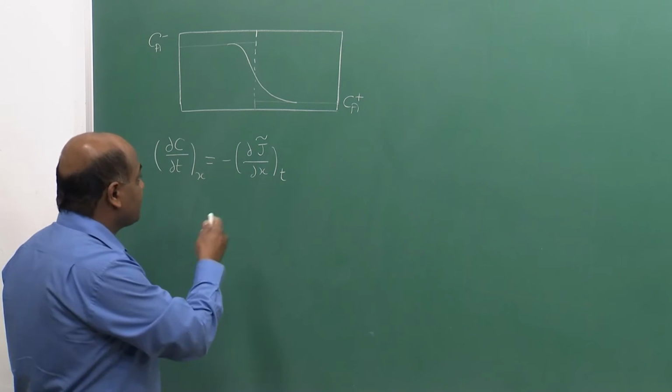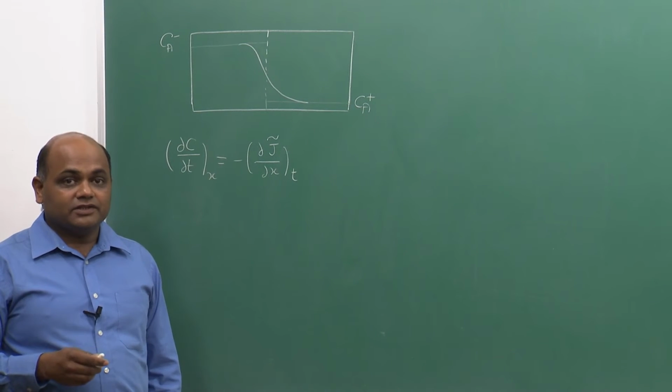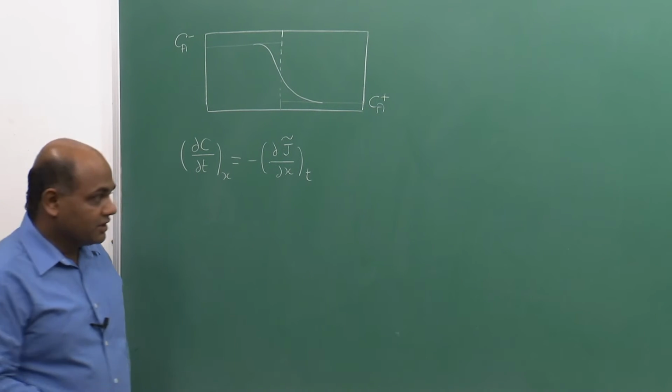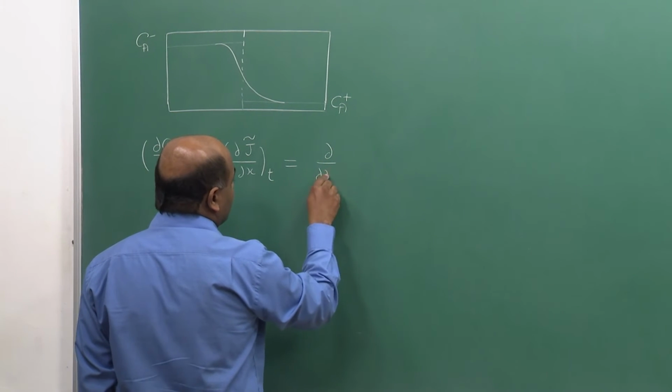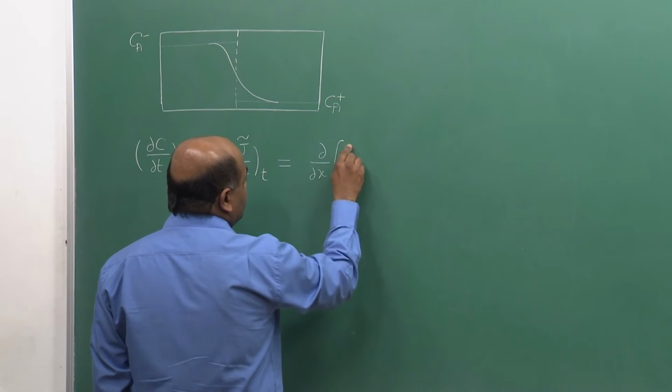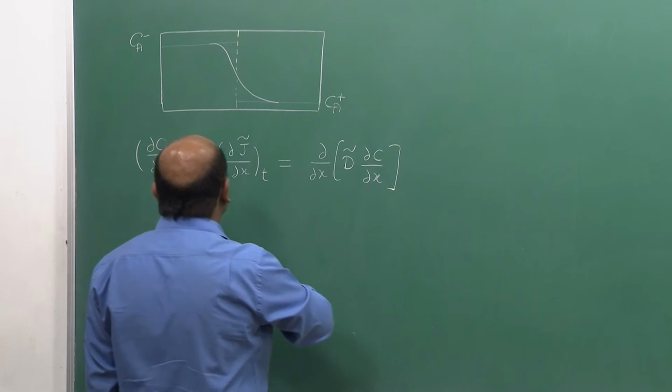When we are considering the practical system, the interdiffusion coefficient D tilde is a function of composition, and so we have to write this right hand side as dou by dou x of D tilde times dou C by dou x.